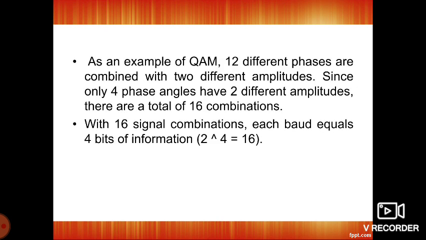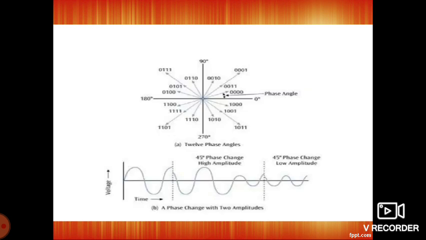One QAM has 12 different phases combined with 2 different amplitudes. Only 4 phase angles have 2 different amplitudes, that is 2 power 4 equal to 16. So we have 4 levels of phase angles. This is the constellation diagram of QAM. Here we are representing different bits. One is a sine wave, another one is a cosine wave.